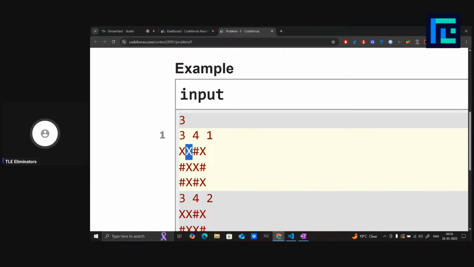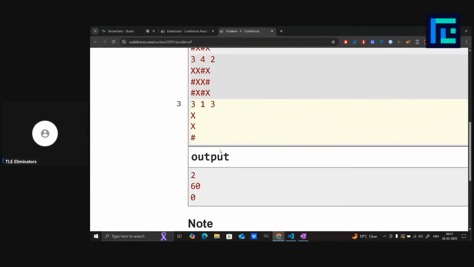So that's one path because he reached the top, right? But one more path is there: he starts here, then he goes here, then he goes here, and then he goes here, like the parallel move. So he ends up here. So this path is also different. So that's why there are two different paths in this.